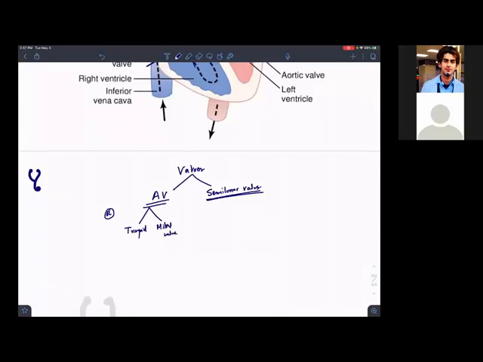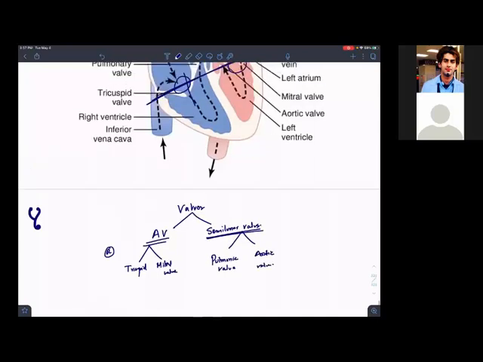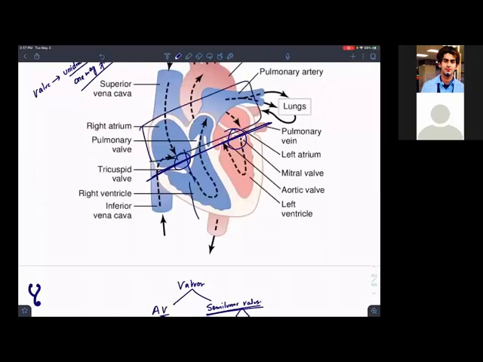Semilunar valves: aortic valve and pulmonic valve, not pulmonary. Pulmonic valve, aortic valve. For the atrioventricular valves, I should first think of atrium and ventricle. So two valves here: tricuspid valve, mitral valve.